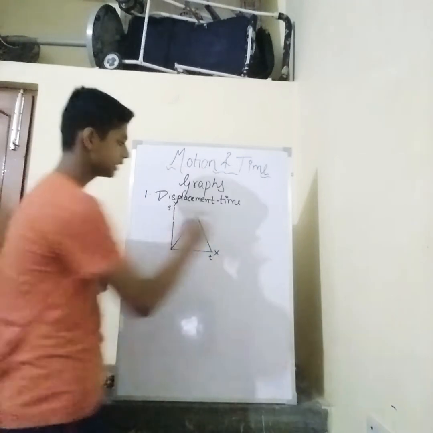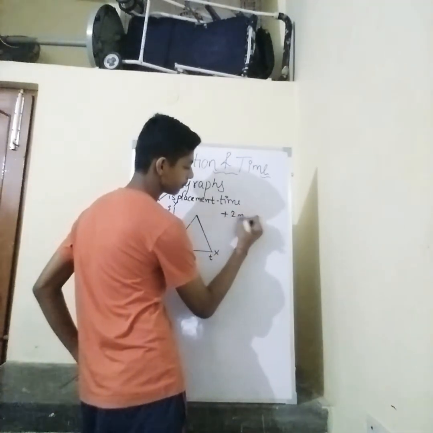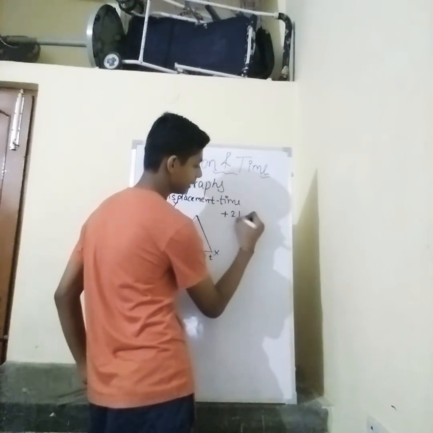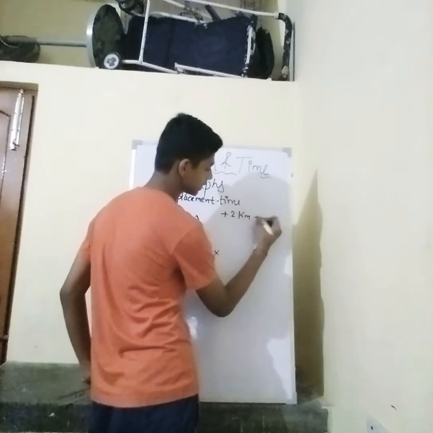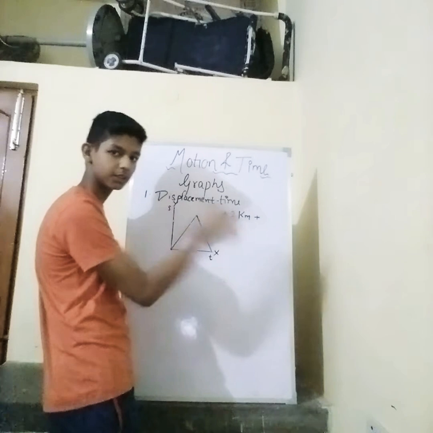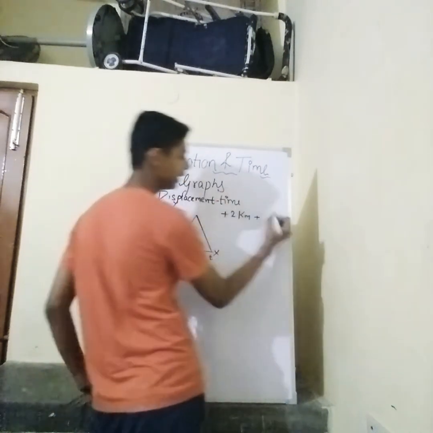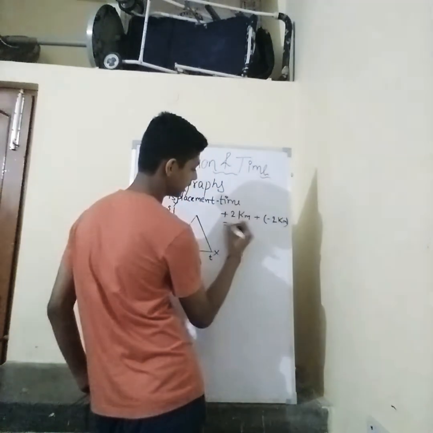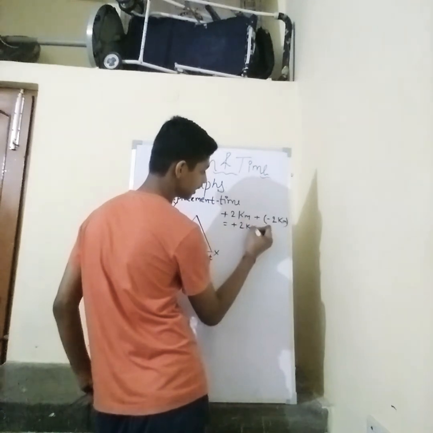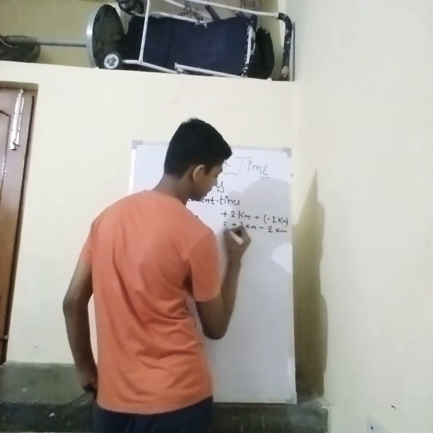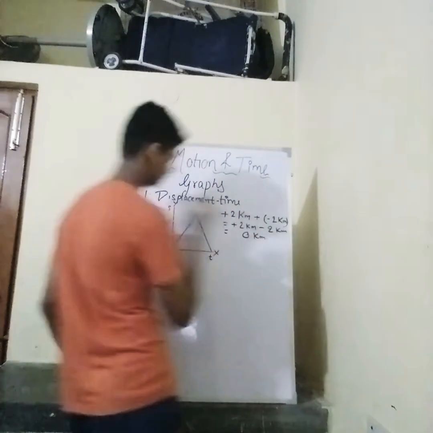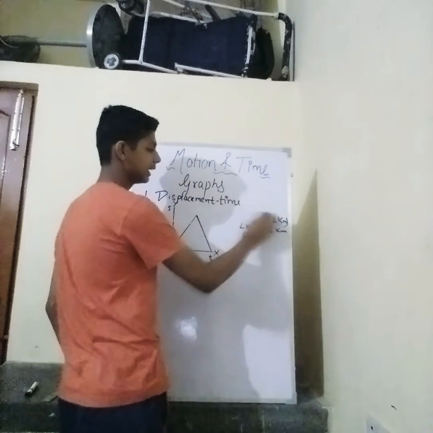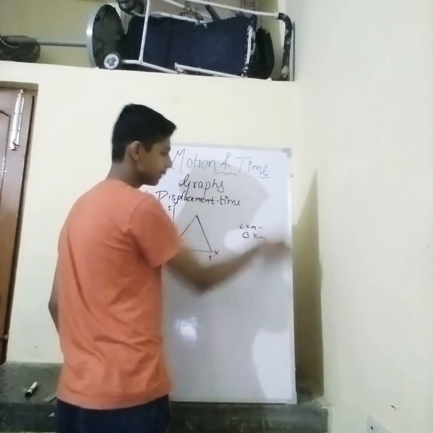Plus 2 kilometers in the first direction, positive, and minus 2 kilometers in the second direction, negative, so plus 2 kilometers minus 2 kilometers will be 0 kilometers. Displacement has direction, and it can also be negative. I am coming to that case.